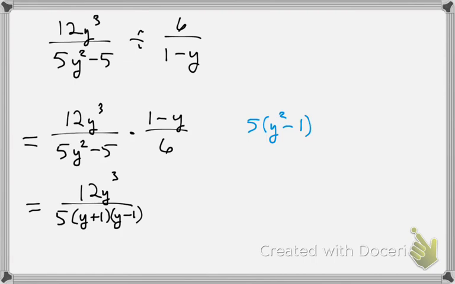What about the other side? Well, that numerator is not written in descending order. If I write it in descending order, wouldn't it be negative y plus 1? So what does this hint to us?